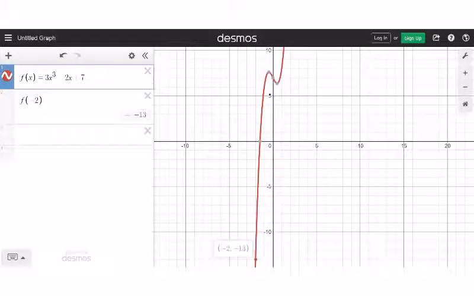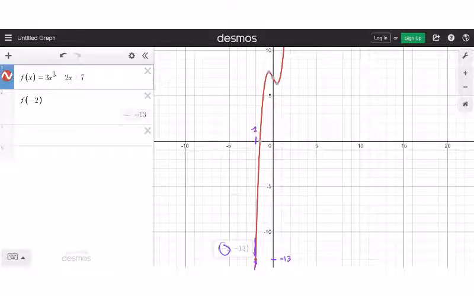All right, so here's a look at the graph on Desmos just to solidify this. We have this same function, 3x cubed minus 2x plus 7. Here's where -2 is. If we approach -2 from the right, we get closer and closer to -13. If we approach from the left, we get closer and closer to -13, and that's also the same as our output at that point.